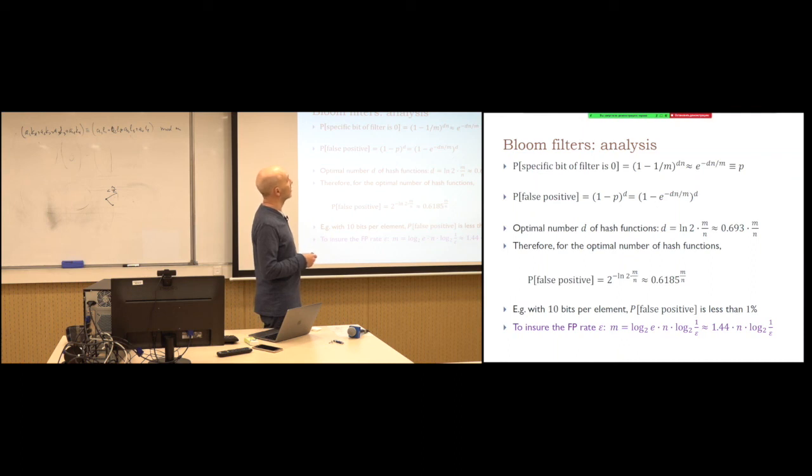No, it's a fixed bit, yeah. I understand, but no, because we want to compute the probability of a false positive, which means the probability that the bits are ones sort of by chance. Yes, these are random and independent bits.